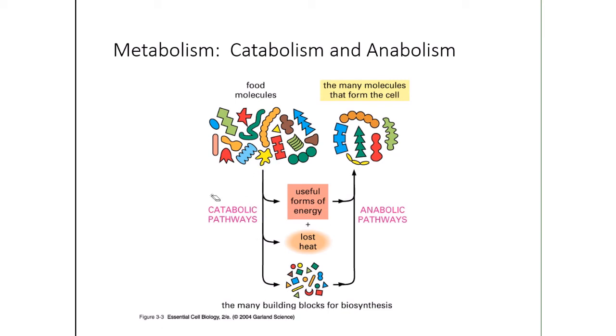In catabolic pathways, you break those molecules down into their monomers. You break your proteins into amino acids, and your lipids into glycerol and fatty acids, and as you do these catabolic reactions, you release a useful form of energy. As a side effect, you also generate heat.